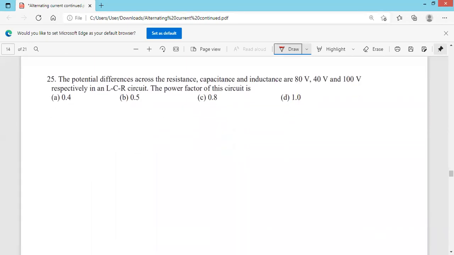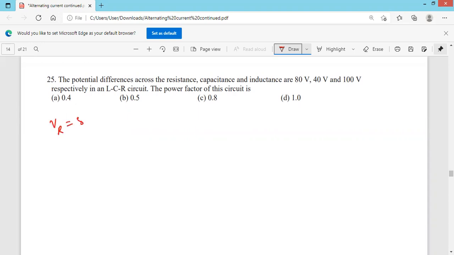Next, 25th. The potential difference across the resistance, capacitance, and inductance is 80 volt, 40 volt, and 100 volt, respectively, in an LCR circuit. The power factor of the circuit is? Here they have given the potential differences.